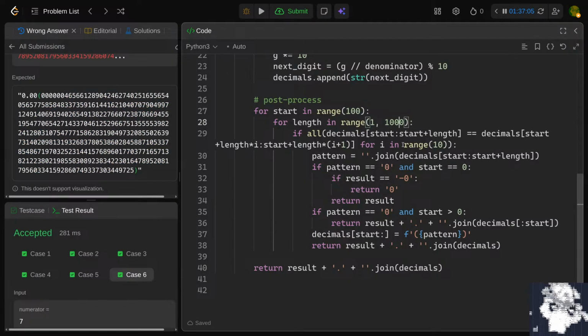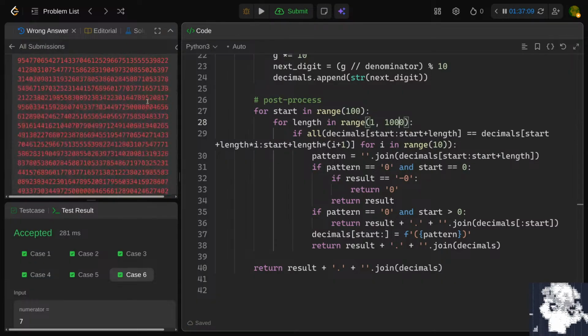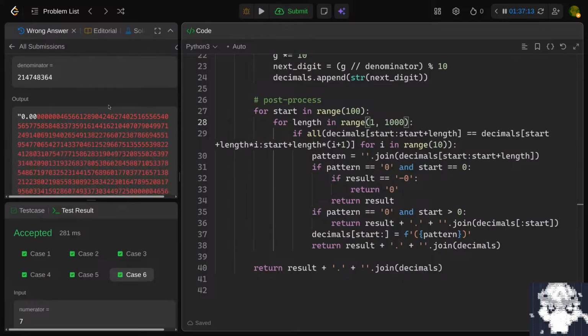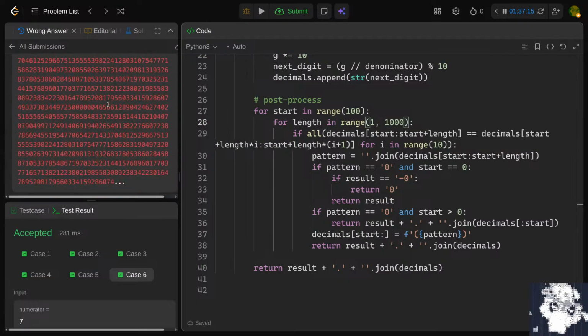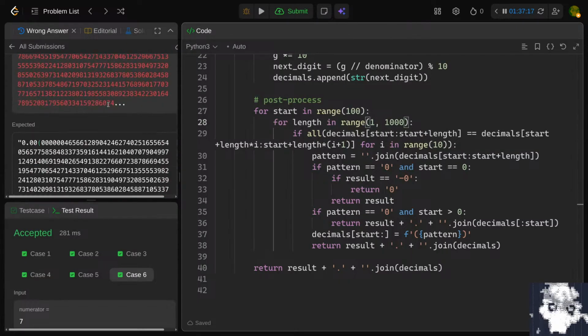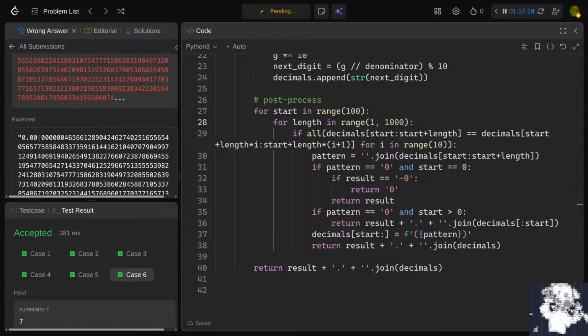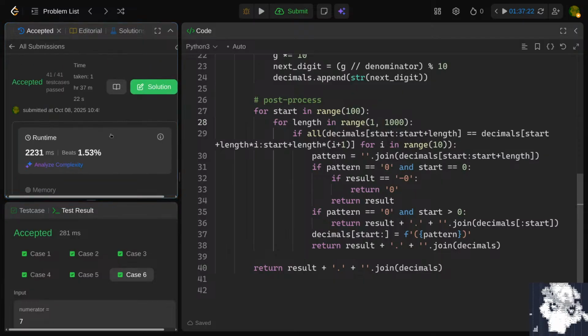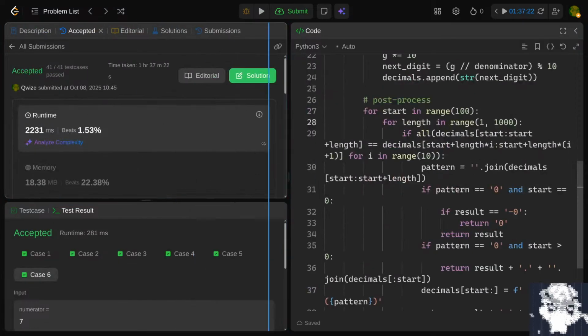Can we just try bigger? The pattern still starts early, so can we just try bigger lengths? Yeah. Okay.